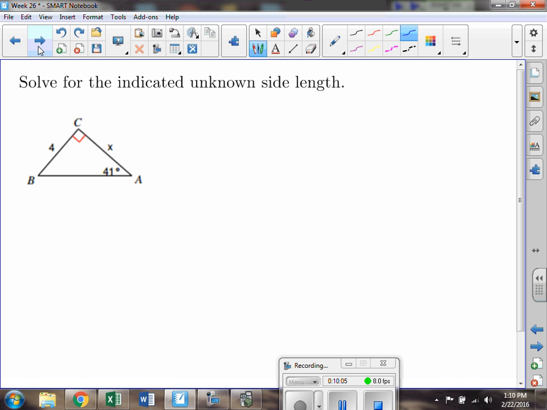All right, let's consider our last three examples. Based on our angle of 41 degrees, which pieces do we have? Is x opposite, adjacent, or hypotenuse? That's the adjacent.